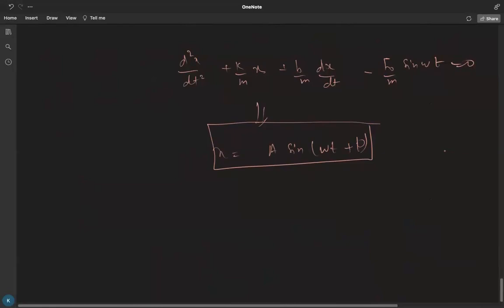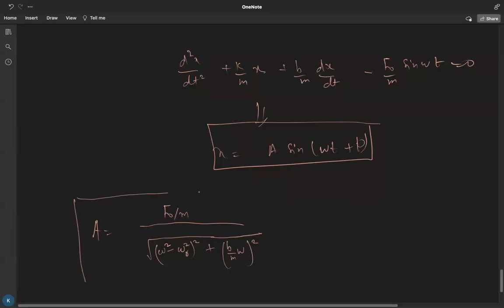The amplitude is equal to F naught by m, divided by the square root of omega square minus omega naught square, whole square, plus b by m omega square. You just have to remember the formula, it will be remembered with practice, so don't worry about that. And I hope you all remember what omega naught is.